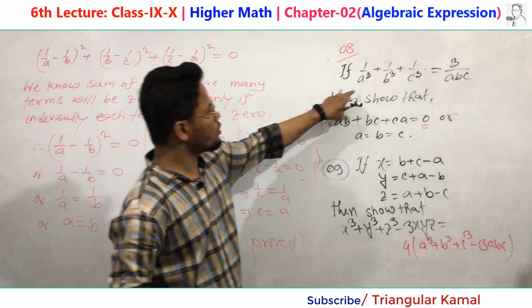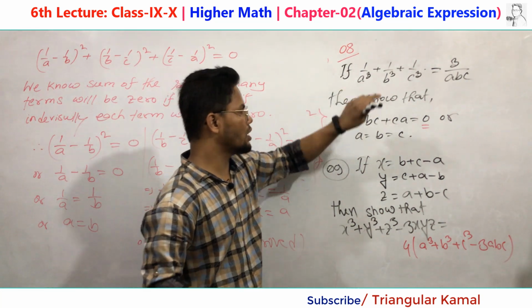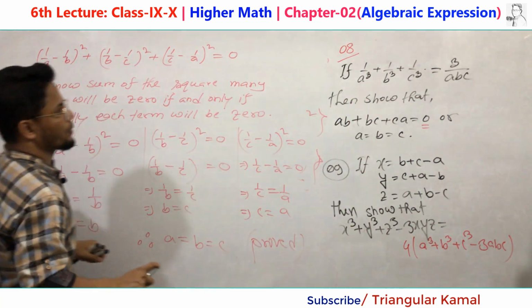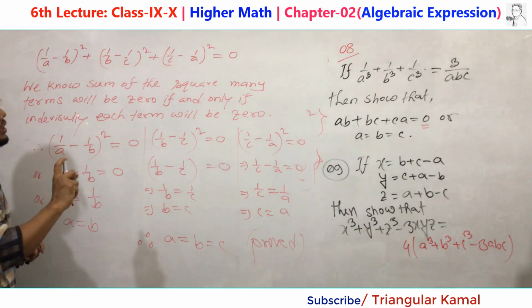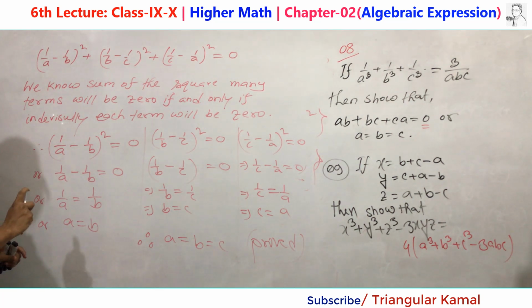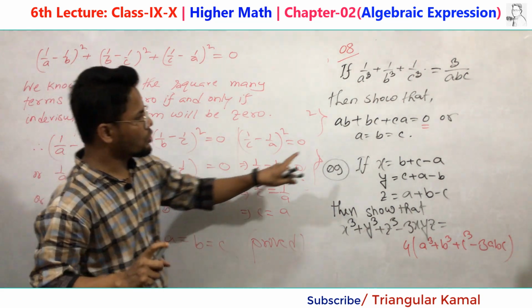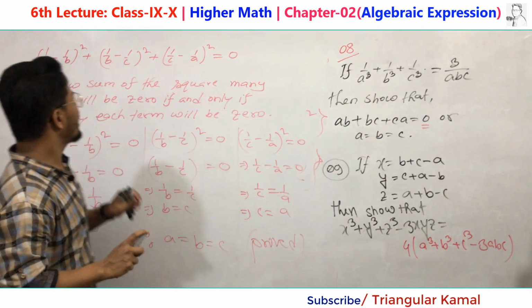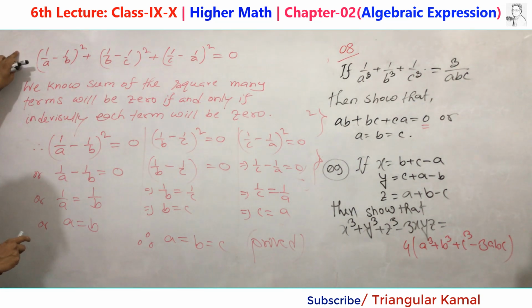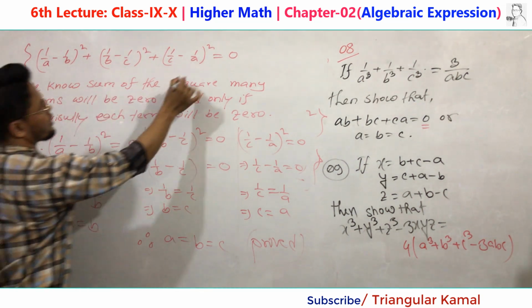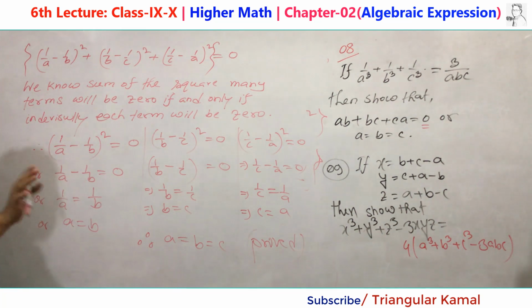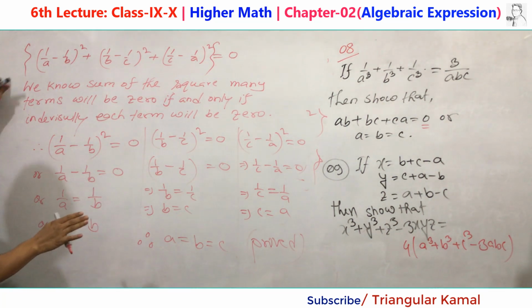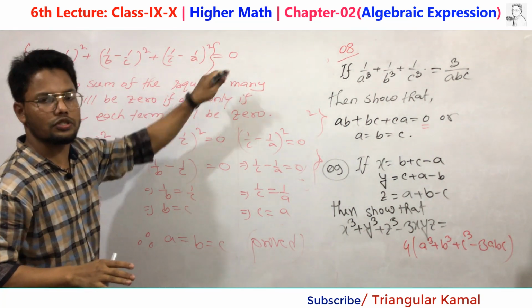Basically after doing the calculation, we saw here two factors. From the first factor we showed here ab plus bc plus ca equals 0, and this was our second factor. So first we considered the first factor equal to 0, now considering the second factor equal to 0.